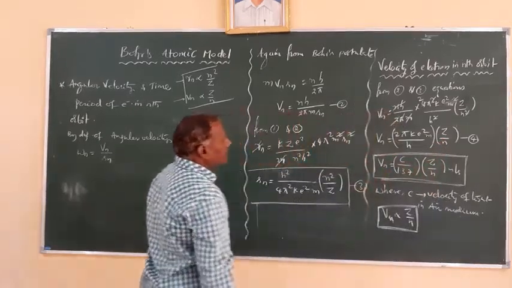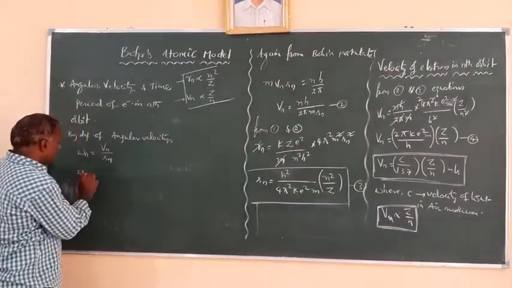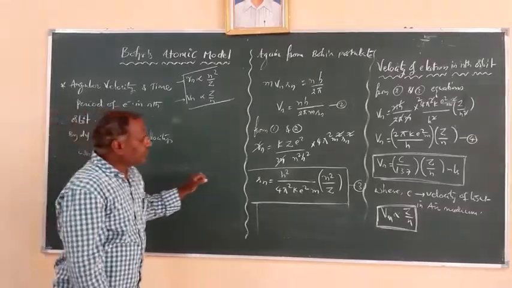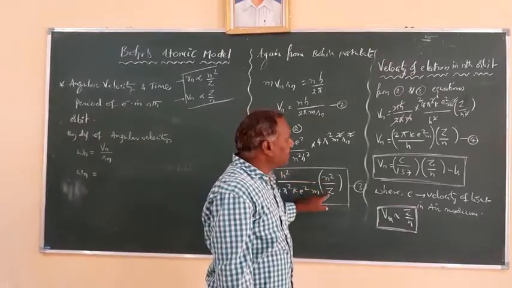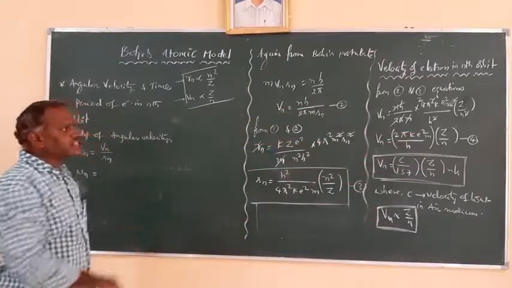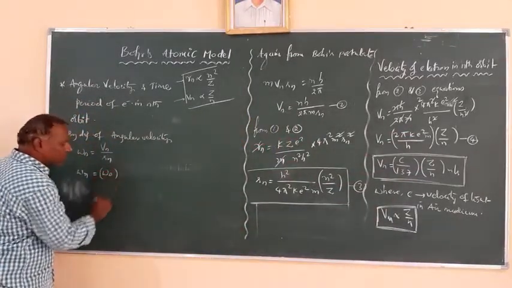So omega n is equal to, I will put all the constants only related to this n square by Z and Z by n. This total constant I am writing as omega naught.